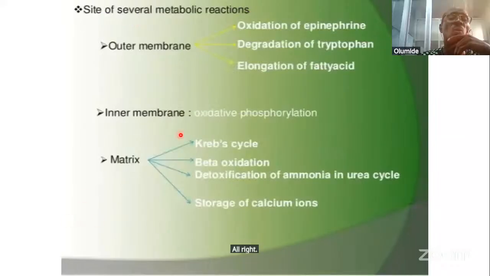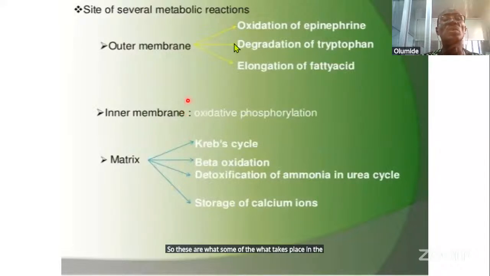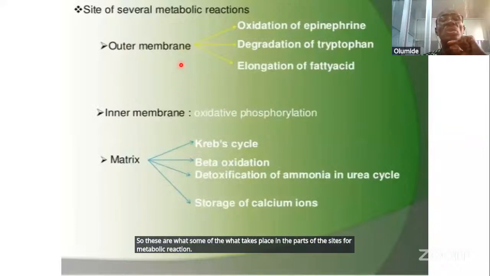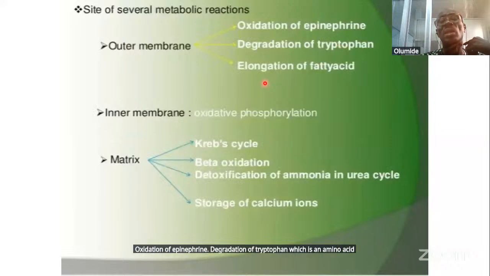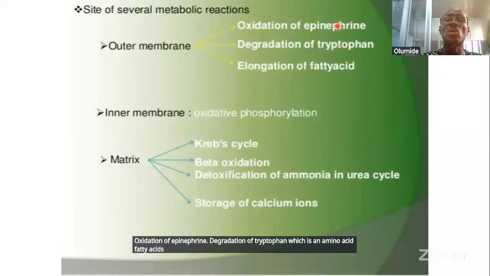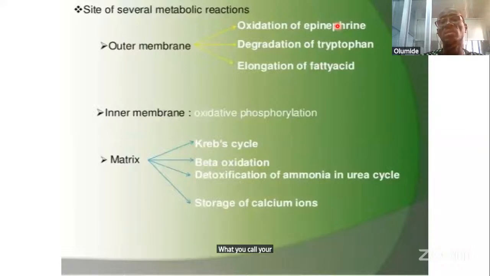So these are some of the sites for metabolic reactions in the mitochondrion. In the outer membrane, oxidation of epinephrine, degradation of tryptophan, which is an amino acid, and fatty acids. Epinephrine is a hormone, what you call your adrenaline.